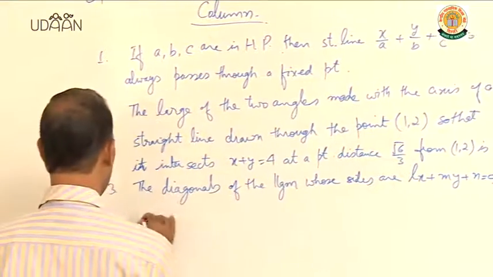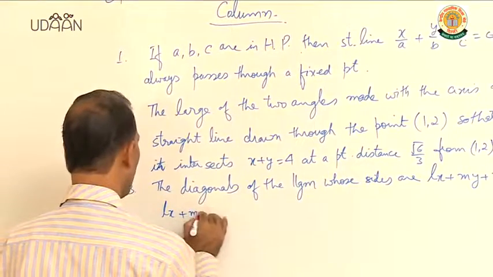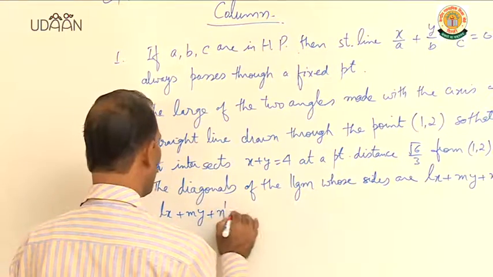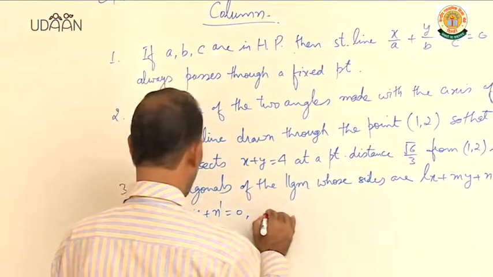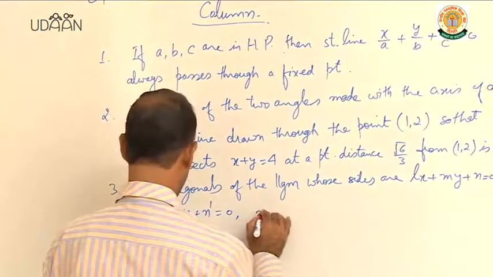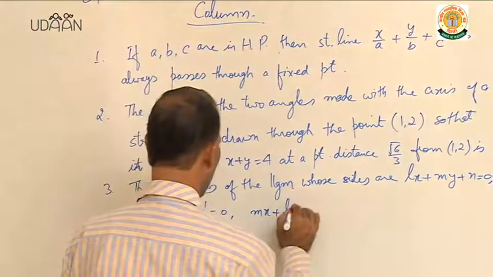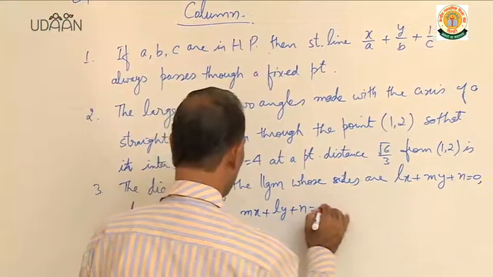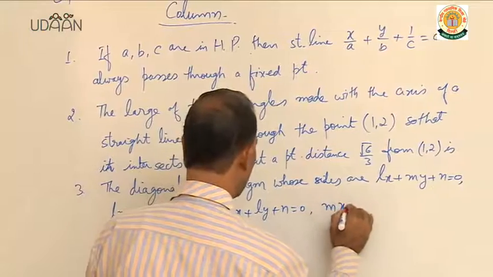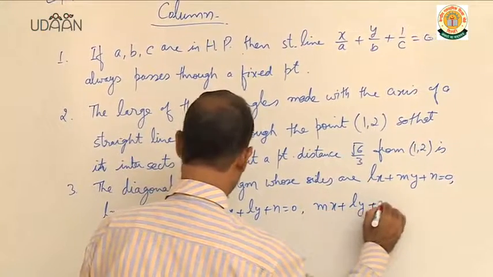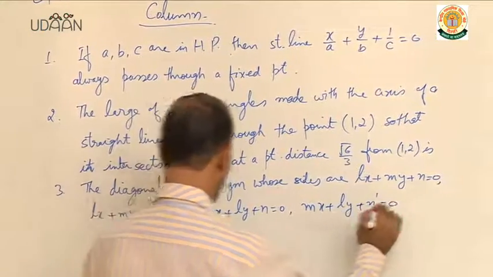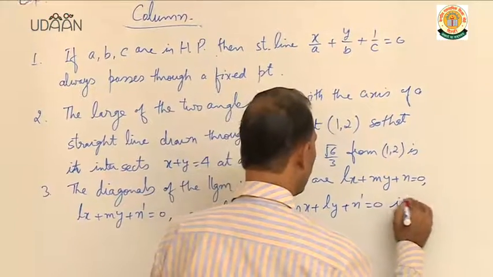Second side is Lx plus my plus n dash equal to 0. Third side is mx plus ly plus n equal to 0. Fourth side is mx plus ly plus n dash equal to 0. Include an angle.